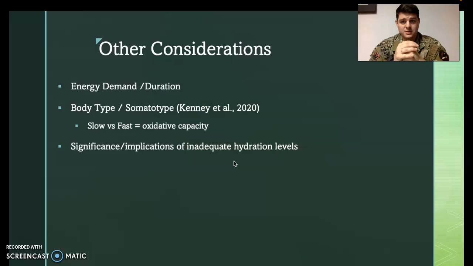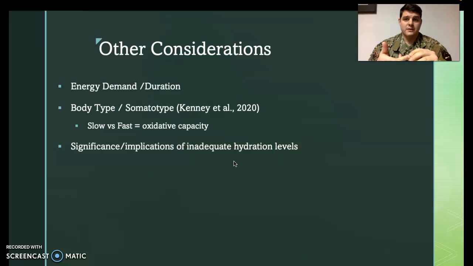Some other considerations to think about when we're talking about these different energy types: the energy is going to be pulled from whatever the demand and duration is. If it's maximum full effort right up front, like you're trying to pick a car up, that's going to be more of the anaerobic glucose side.